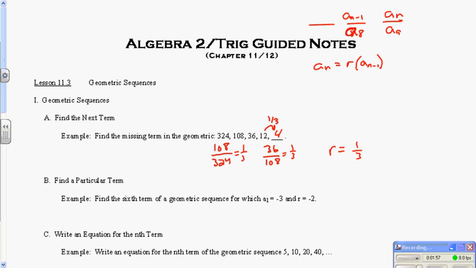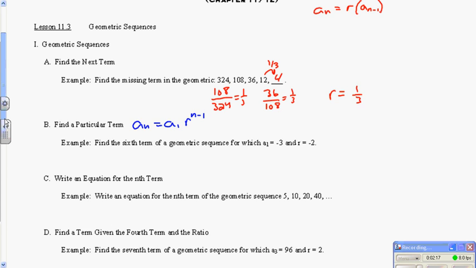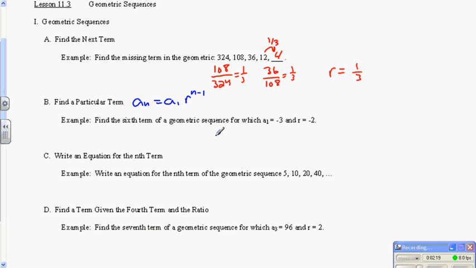Another equation we need is called the explicit formula to find a particular term. If I want to find the nth term, I need to know the first one, I need to know the common ratio, and then I have n minus 1 power. So let's try that. We're looking for the 6th term. So a sub 6, we know the first term, it's -3.